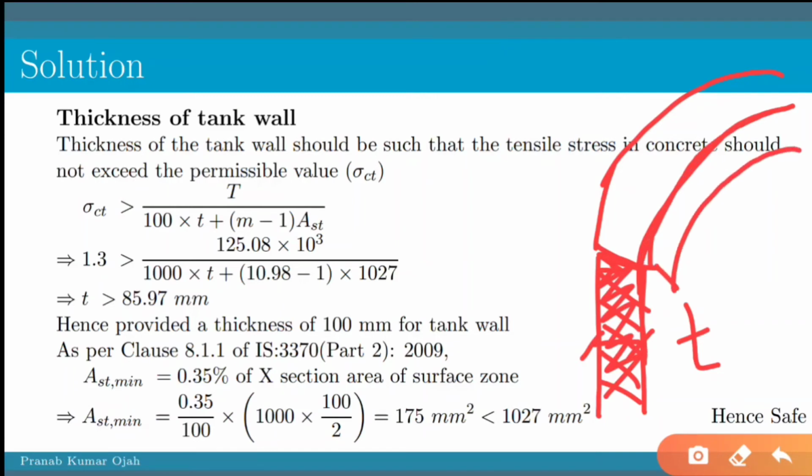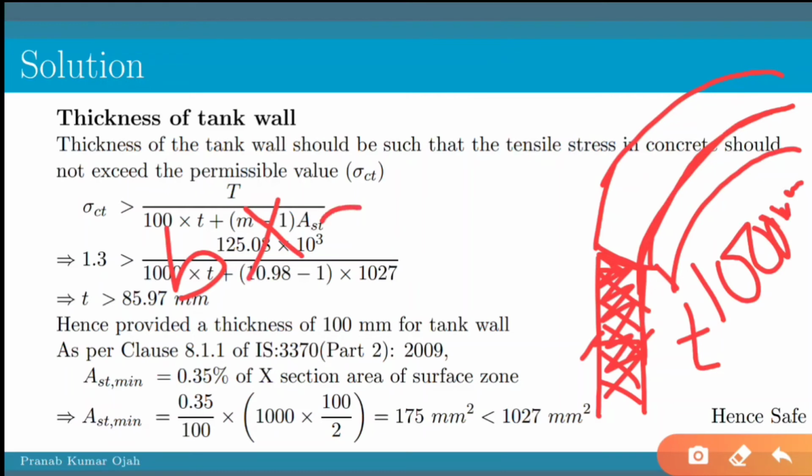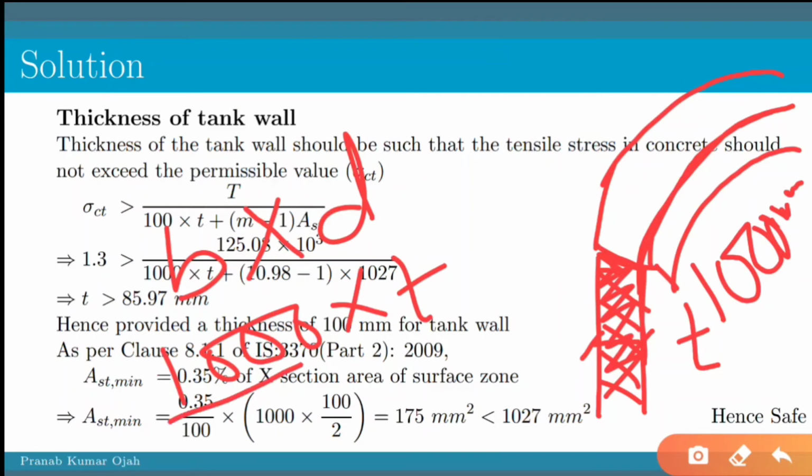So we can consider 1 meter, 1000 mm, as breadth, like the design of a slab. For slab design, when you talk about the cross section B into D, for B we took 1000 mm and D is the depth. So here D will be the thickness and B is taken as 1000.